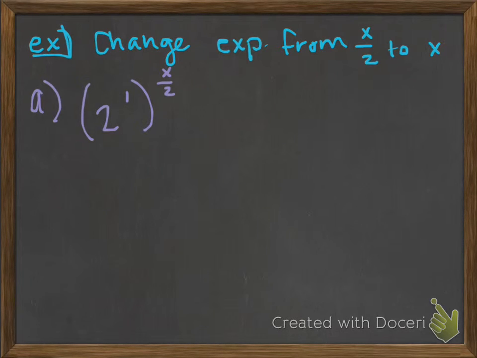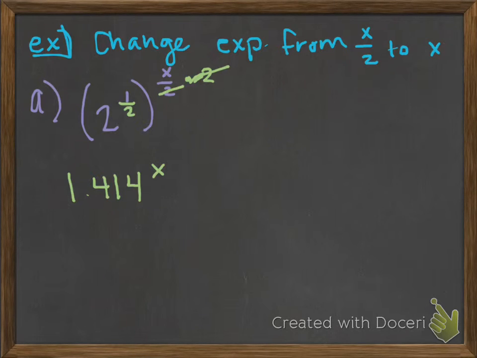If I want to get rid of this x over 2, or clear the fraction, I would be multiplying my exponent by 2. By multiplying by 2, that means I have to raise the base to the 1/2 power. 2 to the 1/2 power is 1.414. And up here, since I introduced this 2 into the problem, this 2 will cancel out with that 2, and I'm left with raised to the x power.